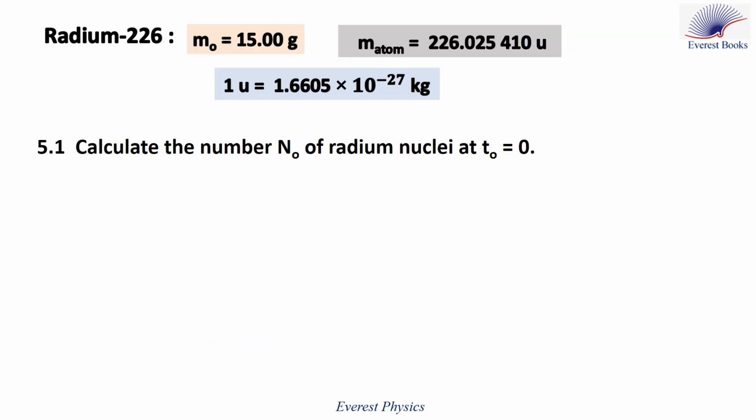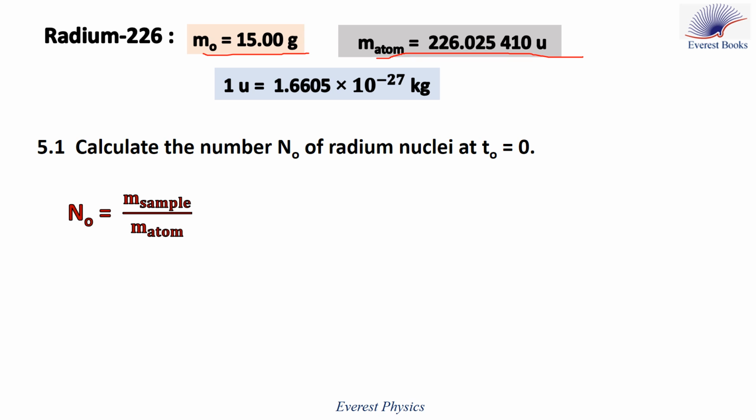Given that the total mass of a sample of radium-226 is M0 equals 15 grams at time 0, and the mass of each atom equals 226.025410 atomic mass units, calculate the number of radium nuclei at time 0.